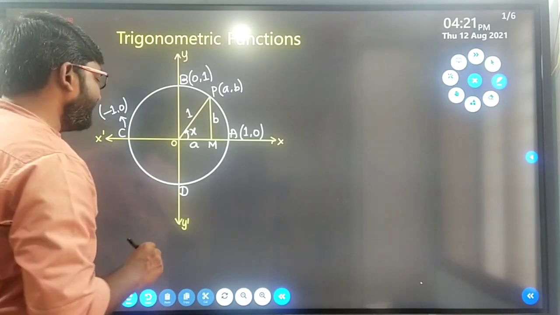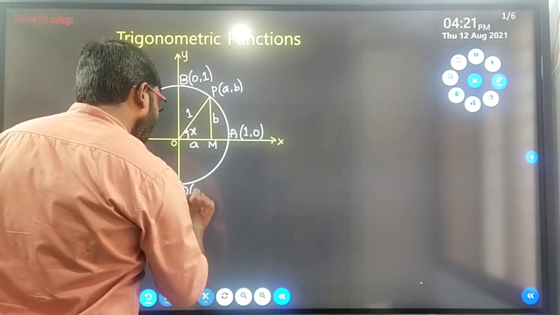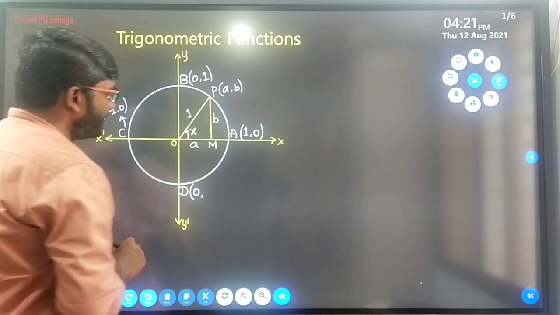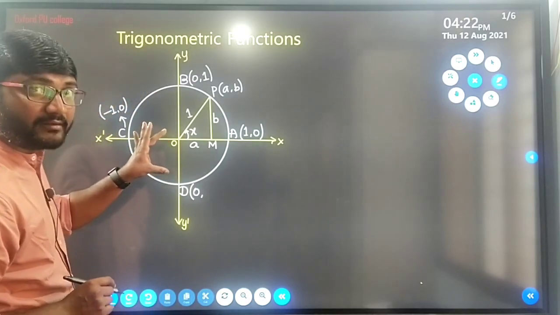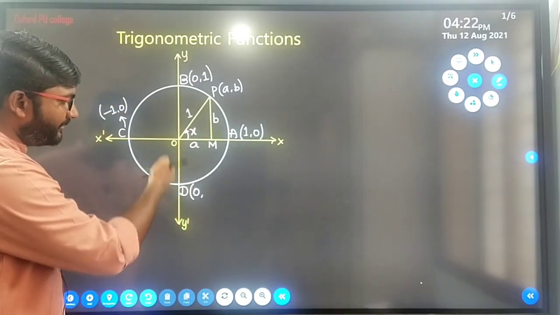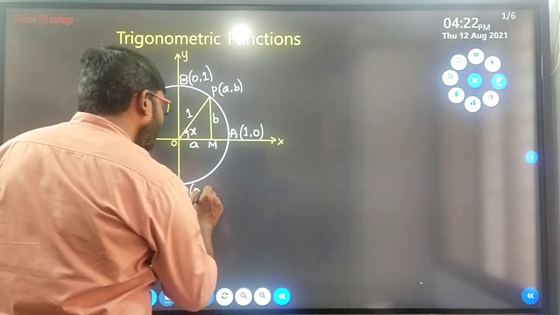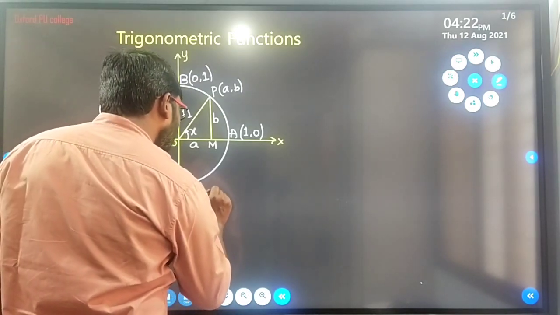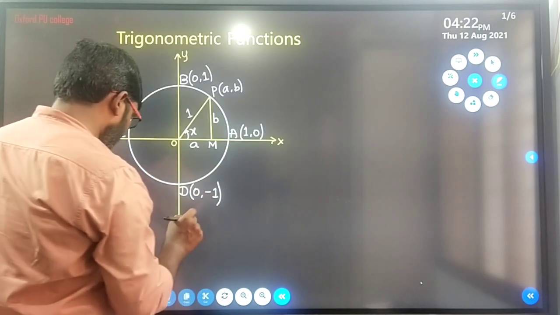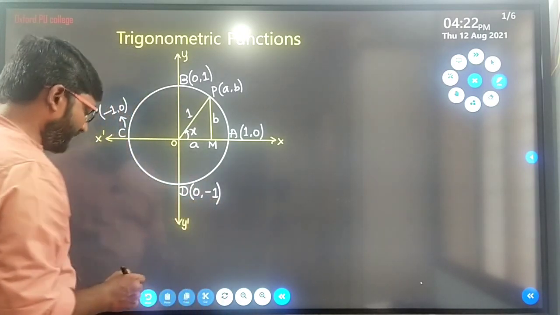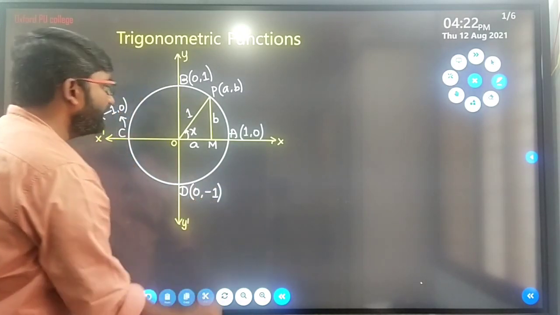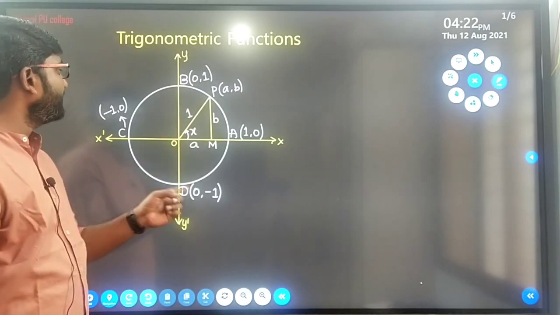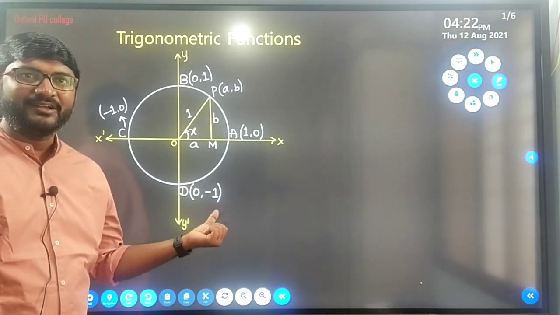Now come to the point D. Point D is on the y-axis, so the x coordinate must be 0, and this OD will be the radius. Since we are on the negative y-axis, it has to be -1. So these are the coordinates. What are the coordinates of the points A, B, C, D now? (1, 0), (0, 1), (-1, 0), (0, -1).